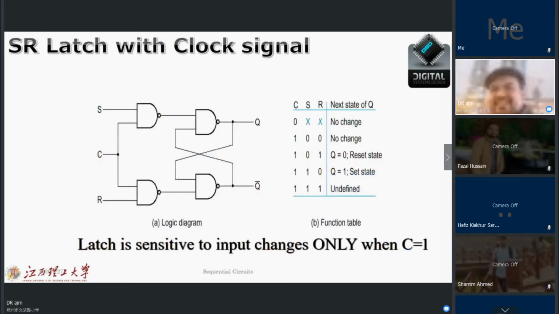We can have some SR latch with some clock signal, which will give this timing for us.